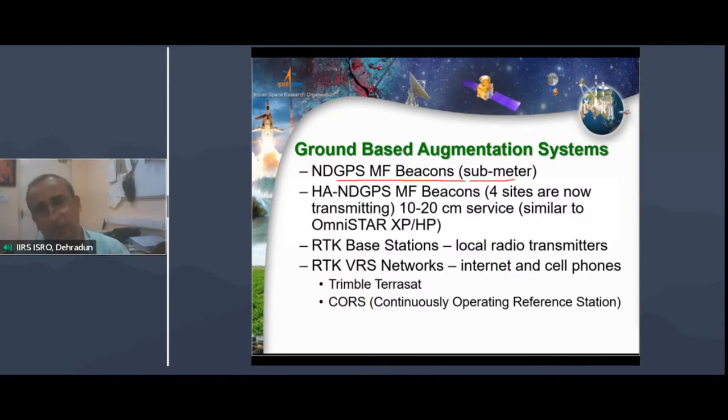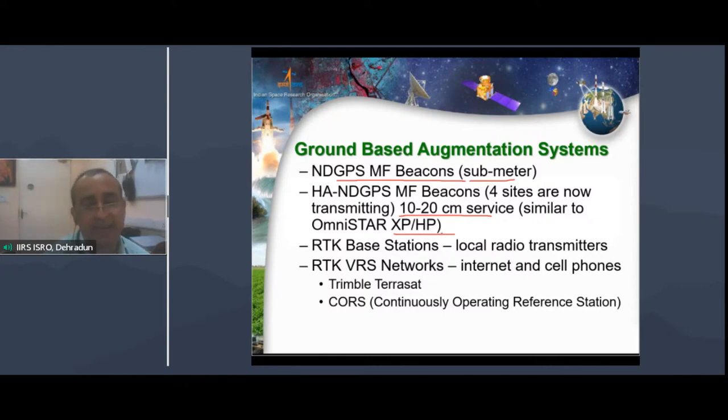They can go to a maximum of 100 kilometers and so forth. Then HDGPS MF beacons with 4 sites are now transmitting a service with an accuracy of 10 to 20 centimeters, similar to the OmniSTAR XP model.